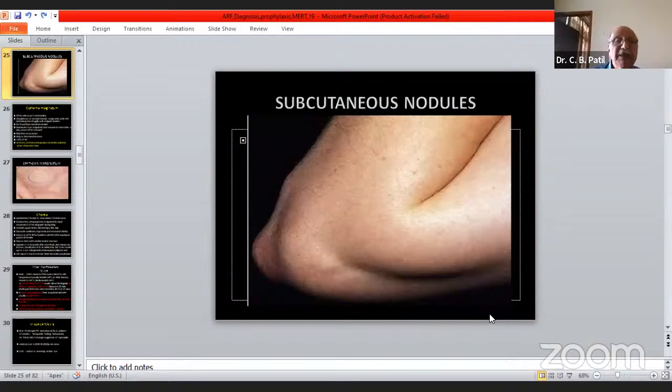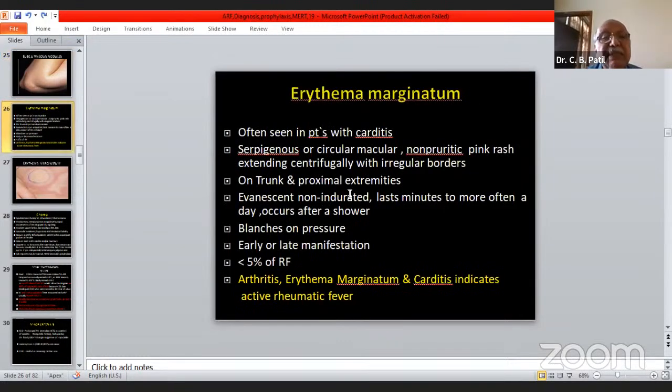So this is subcutaneous nodules you can see here. Erythema marginatum is often seen in patients with carditis. What is erythema marginatum? It is a serpiginous or circular macular, non-pruritic pink rash extending centrifugally with irregular borders on trunk and proximal extremities, not on the distal arms.